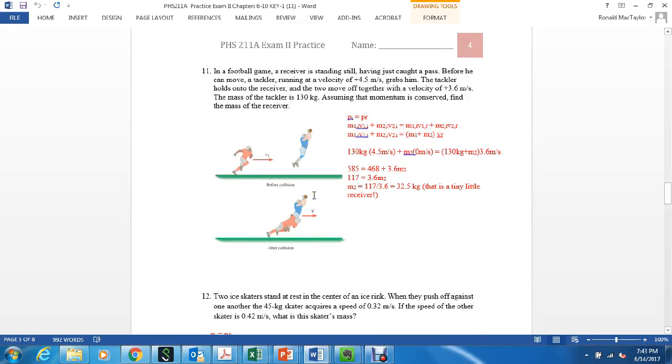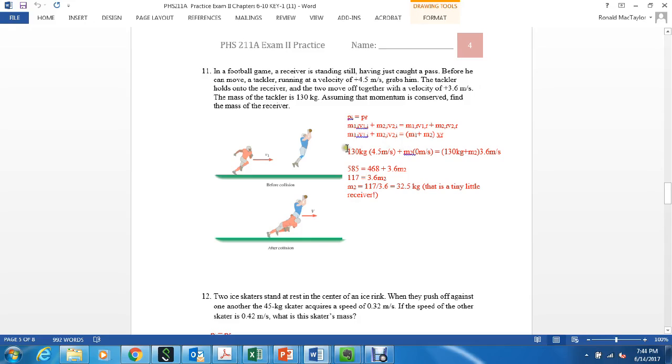All right, so at a football game, we're going to have conservation of momentum. So assuming momentum is conserved, find the mass of the receiver. So initial momentum of the system is all carried by the one guy who's moving. The final momentum of the system is when the two guys are stuck together.